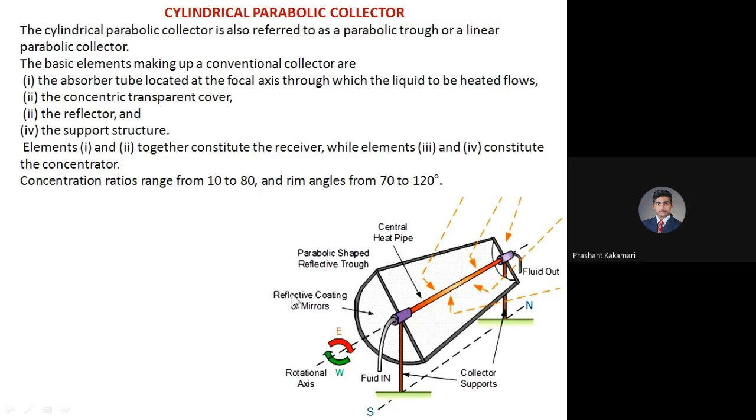Now in the sketch it is shown around 90 degrees, but it may be from 70 to 120 degrees, so that the concentration ratio can be improved. So now whatever fluid is entering will absorb the heat as it flows through, so that high temperature fluid can be taken out for the applications.